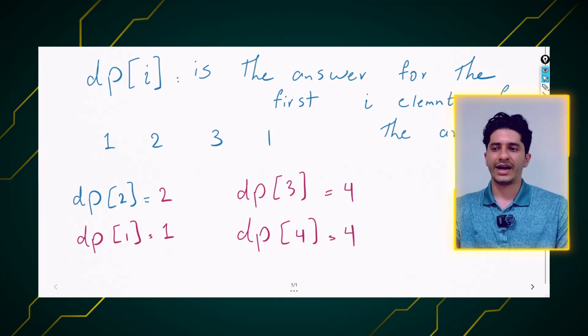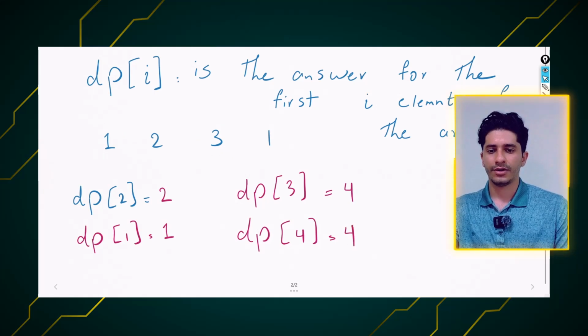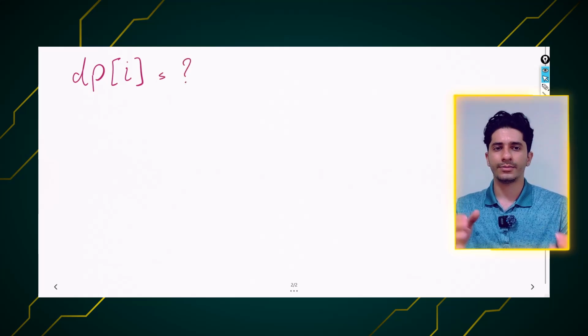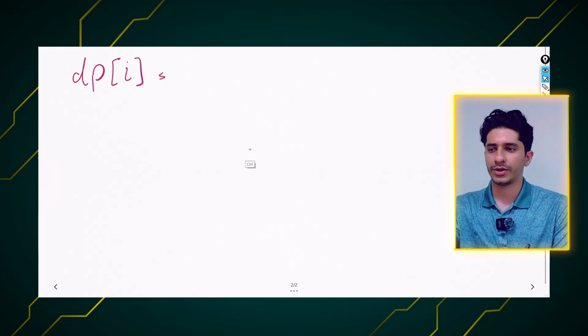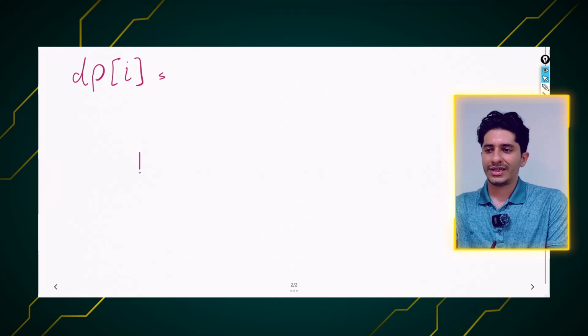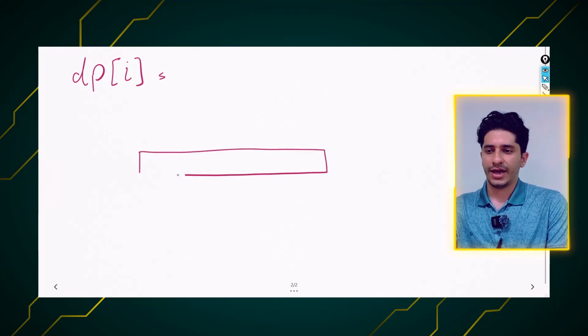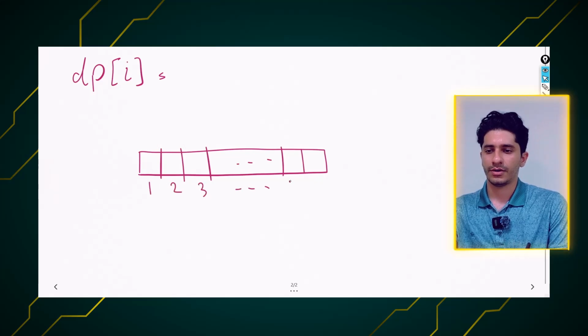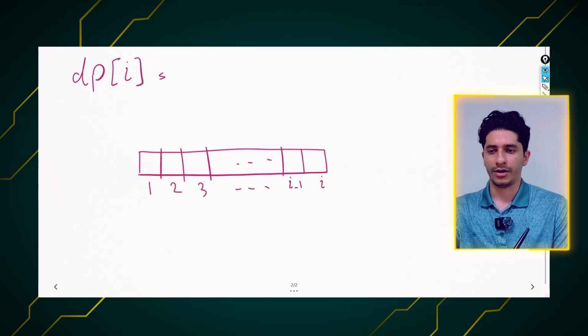Okay, so we have our definition of DP, but there is something that remains. And that is, how are we going to compute DP of i in terms of previous i's? Okay, so let's consider the first i houses: 1, 2, 3, up to i minus 1, and i.